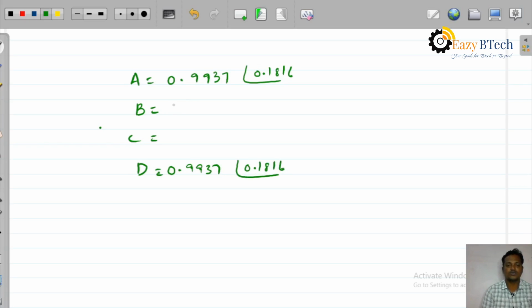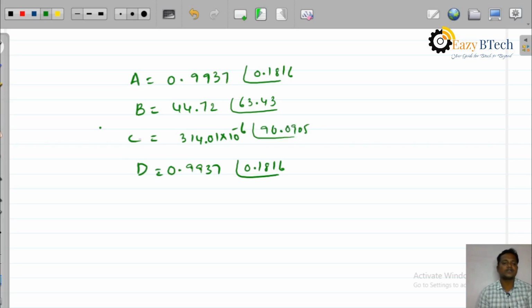B equals to 44.72 at an angle 63.43. C equals to 314.01 into 10 power minus 6 at an angle 90.0905. Okay, those are the ABCD parameters in the nominal pi method.